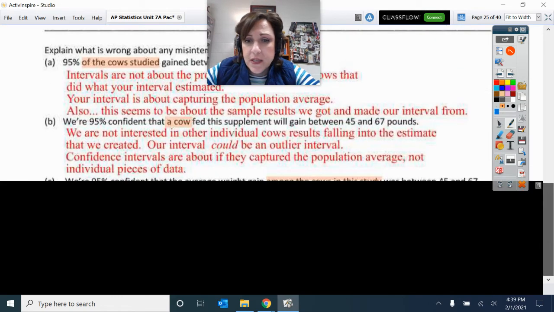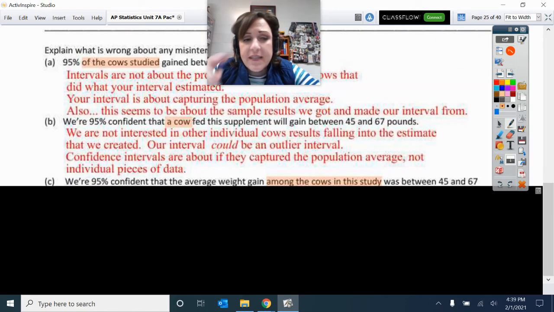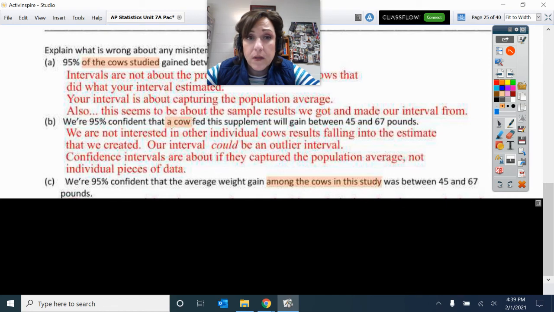All right, the third one is we are 95% confident that the average weight gain among the cows in this study, so it's talking about the average weight gain of the 77 cows in this study, was between 45 and 67 pounds. Well, I have to tell you something. I made this interval right here from the 77 cows in that study.